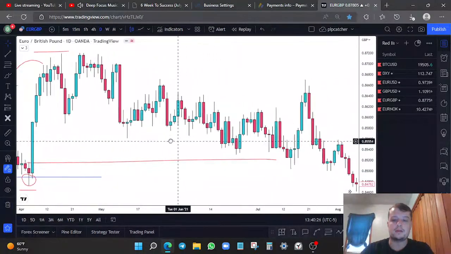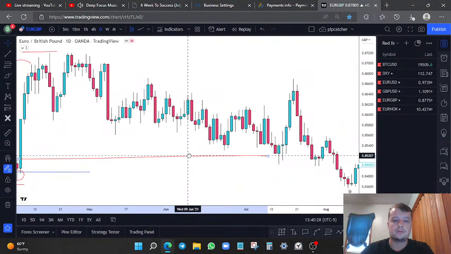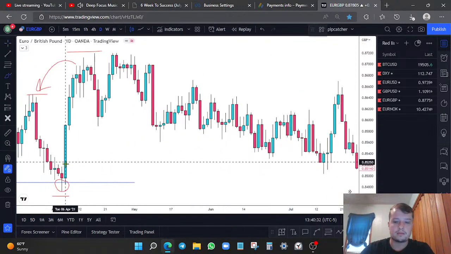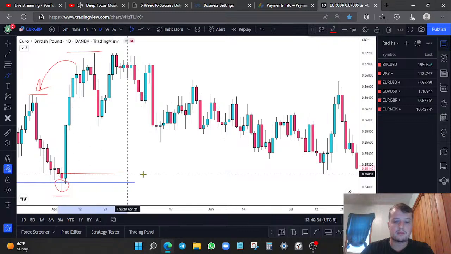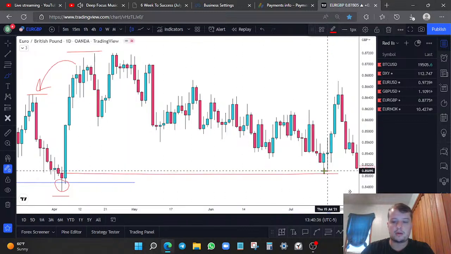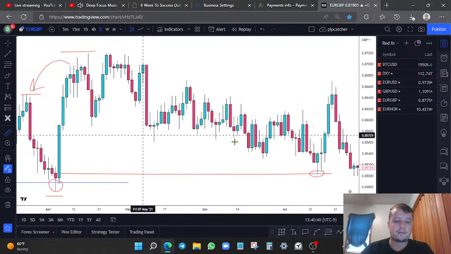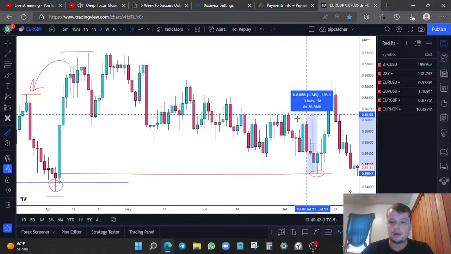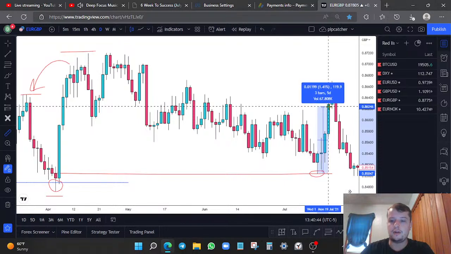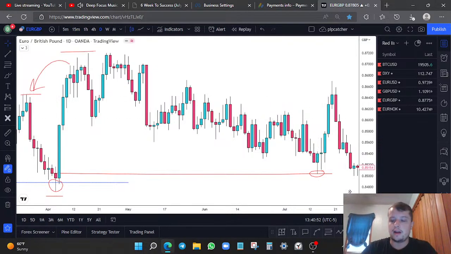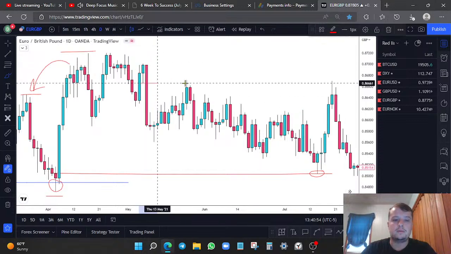So what happens? Price rejects from that area very cleanly to this high, around 120 pips. So you would have made some pretty good profit around that area as well.